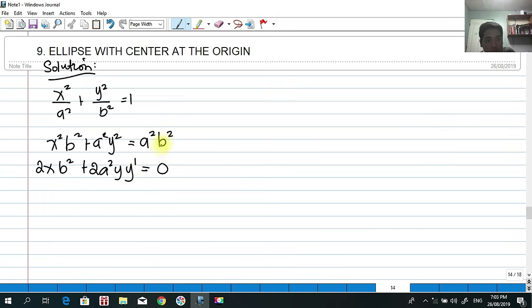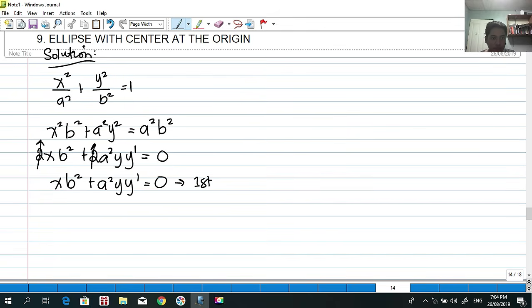That should be equal to 0 because these two are constants. So we can simplify this by simply eliminating the 2. We have x b squared plus a squared y y prime is equal to 0. Now, this is our first derivative.